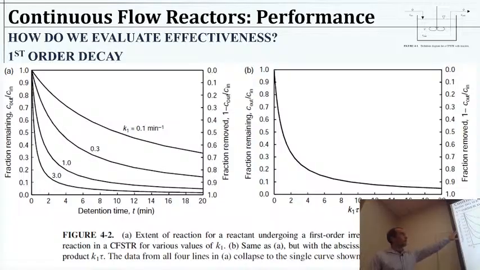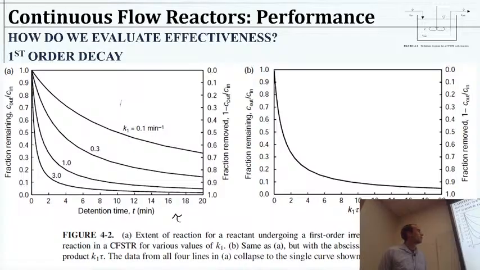On the left here we have the fraction of something remaining in a system, where we have a removal reaction occurring as a function of detention time. So this would be our tau, hydraulic detention time, right?